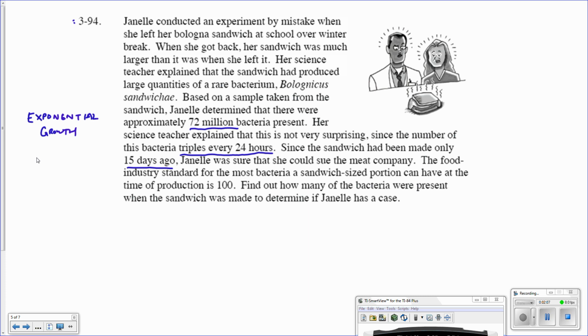So remember that our equation for an exponential function should be something like y equals a times b to the power of x. Now in this case, a, since it's usually our starting point, is going to be the amount of bacteria present when it was made.